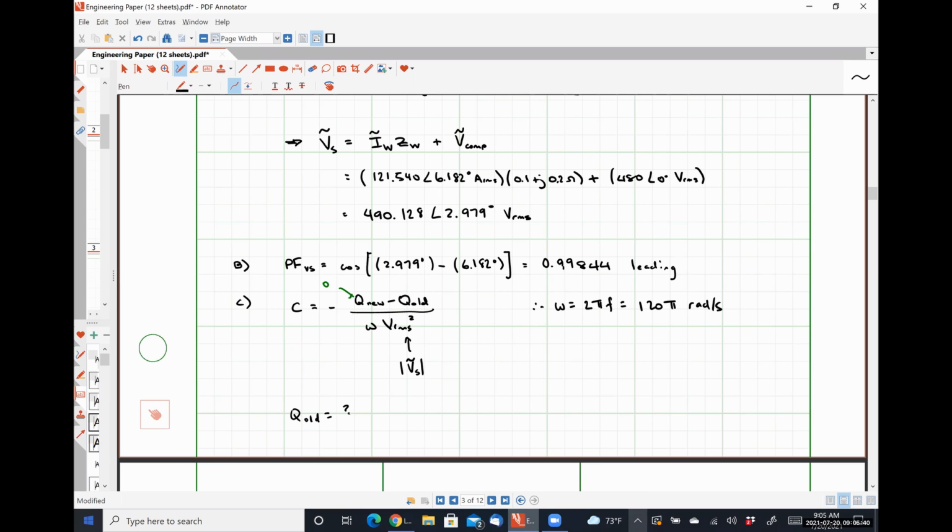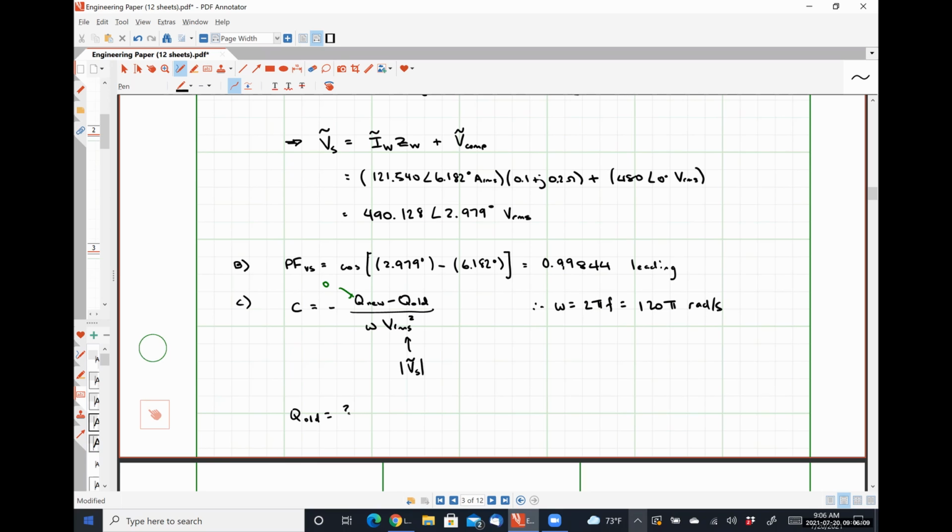So in the last example problem that we worked, we found Q for element C or something like that, by determining the complex power and then looking at the imaginary portion. So Q old is the reactive power that's being supplied by our voltage source.